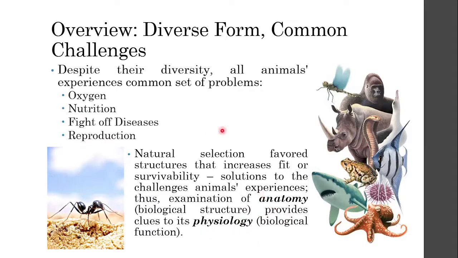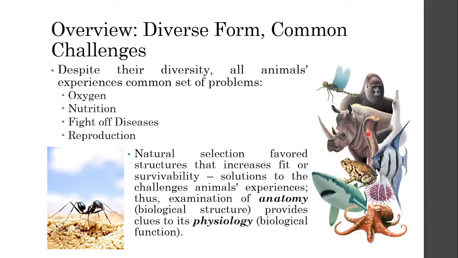Because all the animals undergo certain types of problems, they have to go through a process of evolution in order to survive. And a lot of these evolutions across many animals are very, very similar, which we will learn later is the term called convergent evolution.